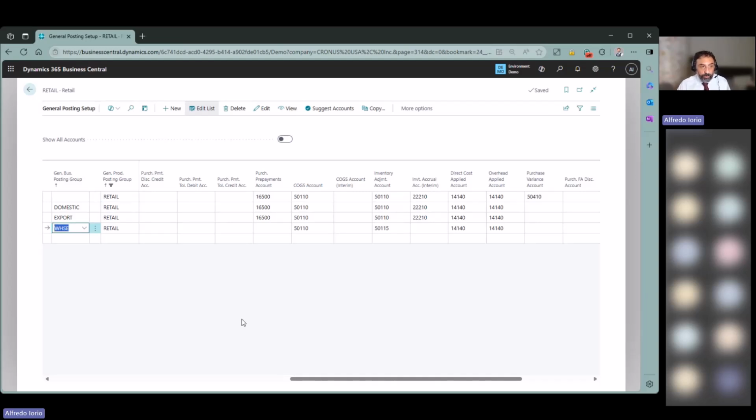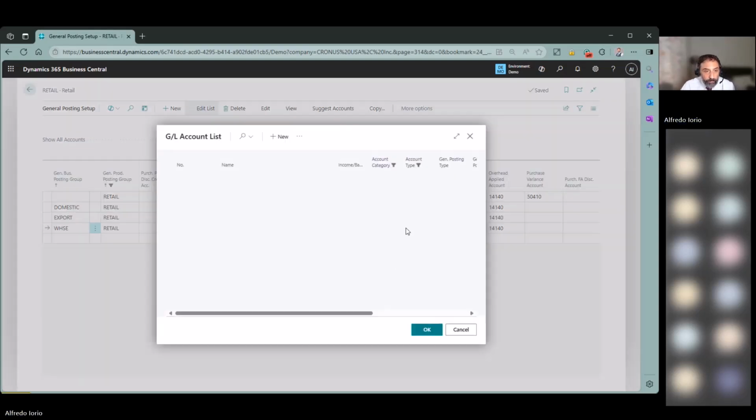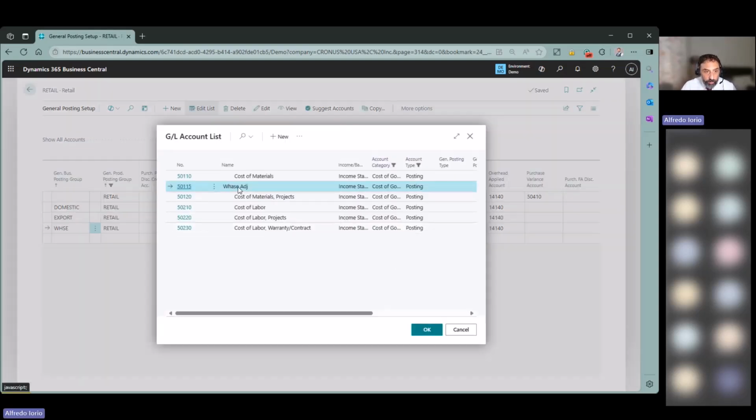The warehouse, general business posting group, and retail allow me to have a warehouse adjustment, which I mistyped because I was preparing this one. You can see I mistyped, but hopefully you can see what I was trying to do. I have a dedicated warehouse adjustment in my income statement, which is not the usual cost of material.